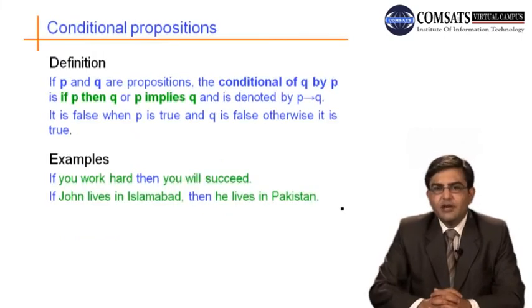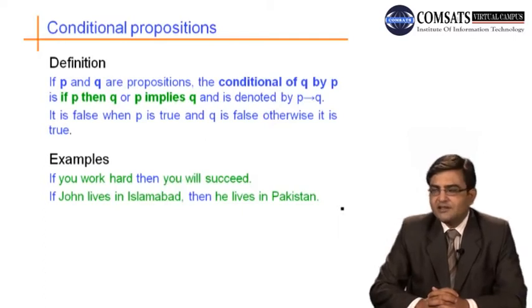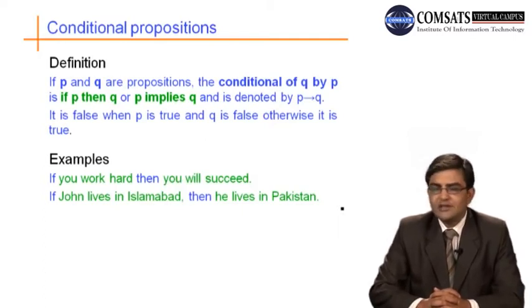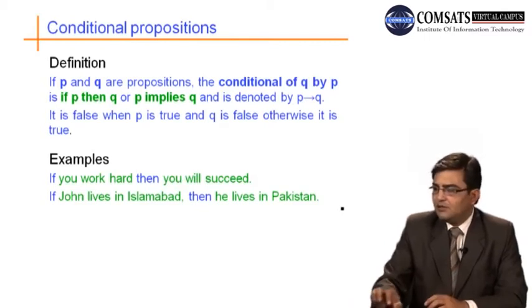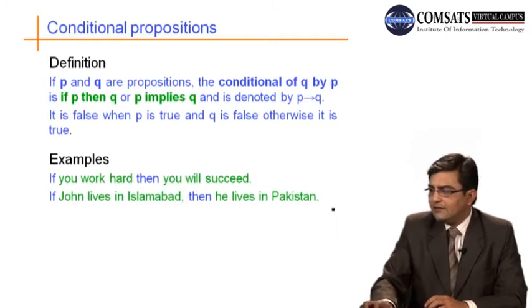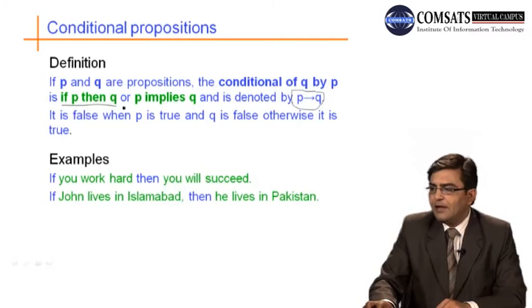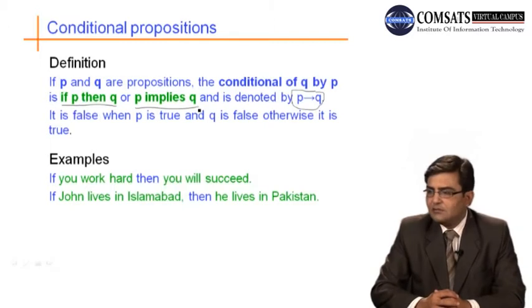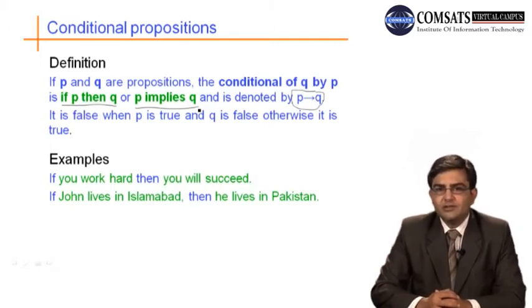By definition, if we have two propositions, then the conditional proposition or conditional statement is denoted by P implies Q, for example like this here, and we read it as if P then Q. It is written as here, or we read it as P implies Q. And this conditional statement is false when P is true and Q is false.